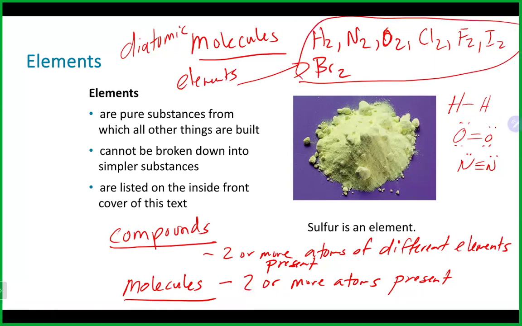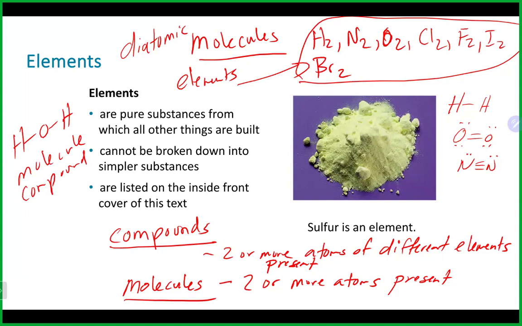These guys here are not compounds because they all contain the same element, right? Now, if you have something like water, H2O, is it a molecule? It is a molecule, right? Because there's two or more atoms, right? Is it a compound? It is a compound because it contains atoms of hydrogen and oxygen. Is it an element? It is not an element. So that is, again, the major difference between something that's a molecule and something that is a compound.